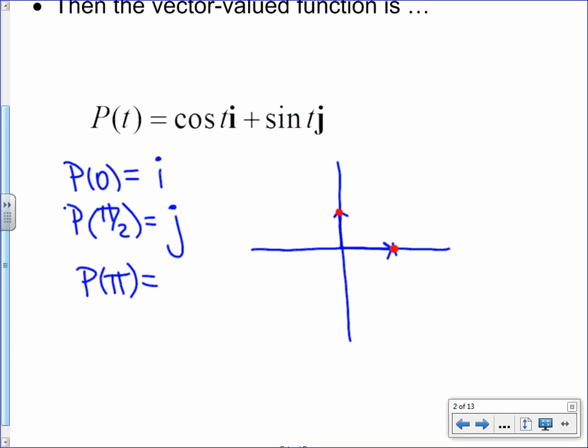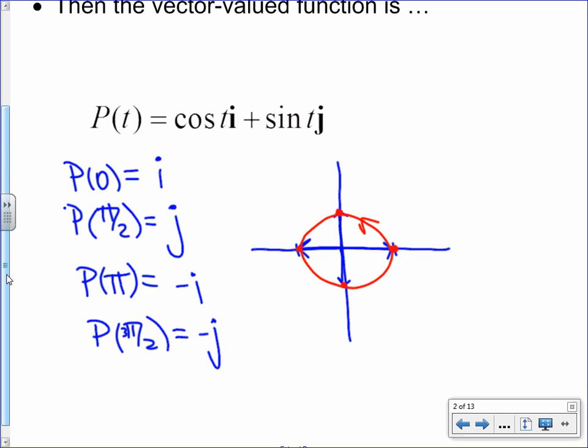Negative i. Then we can use that this is j cubed. Now this is still defined parametrically. We still need our direction.